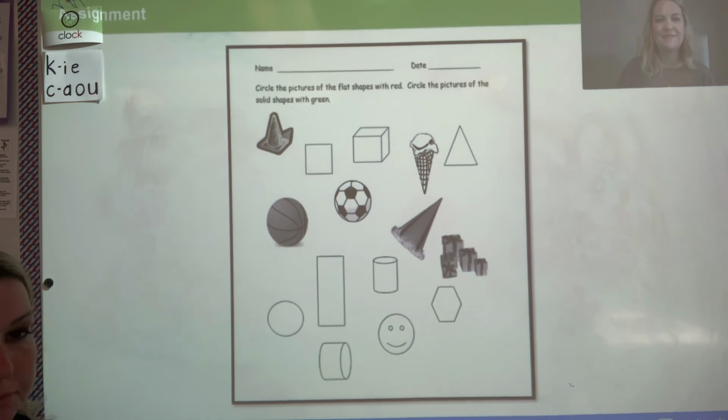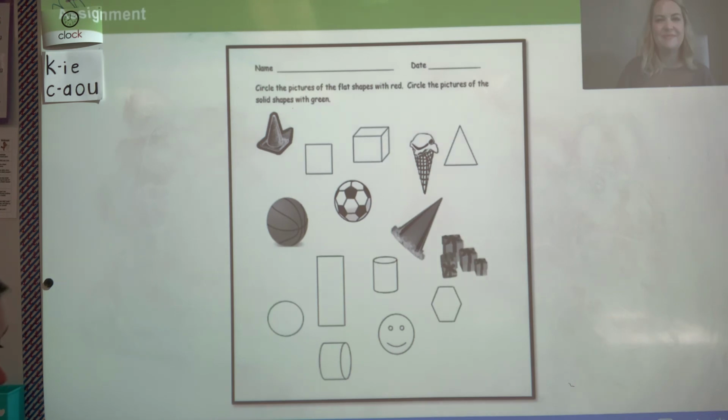I got yellow, blue, green, and red. Yep, you just need green and red. Okay. I will put my yellow and the blue back in my container.